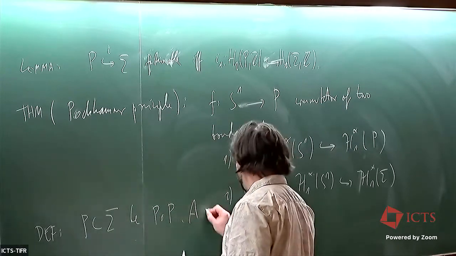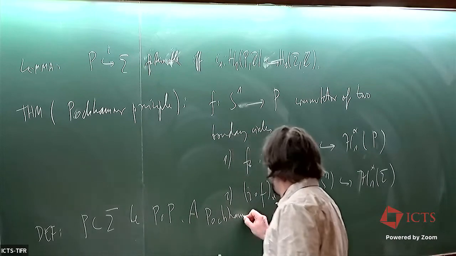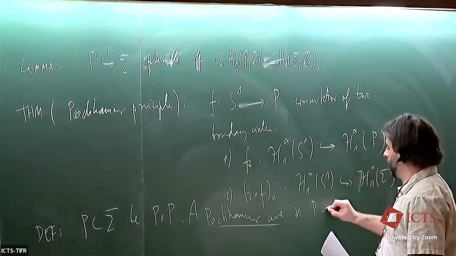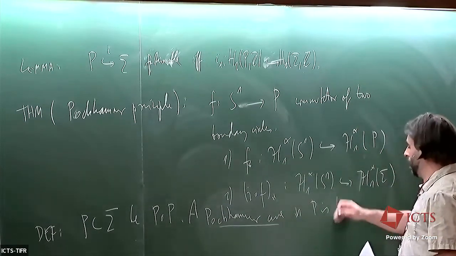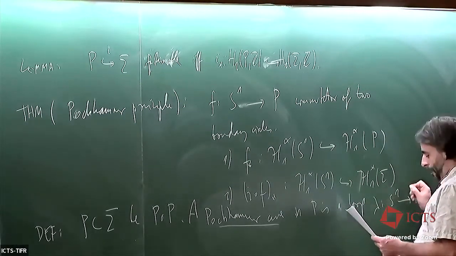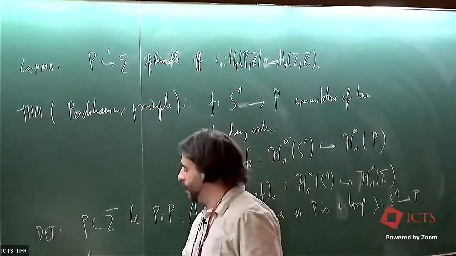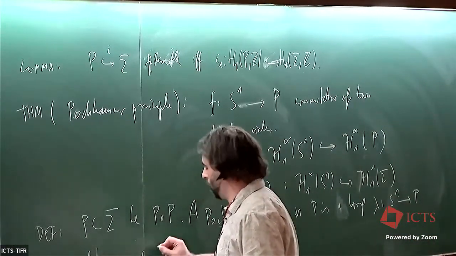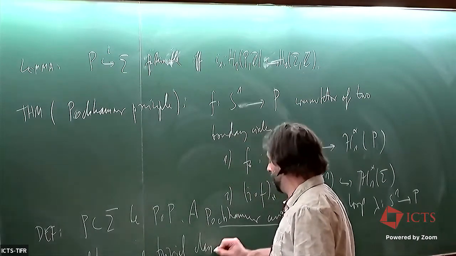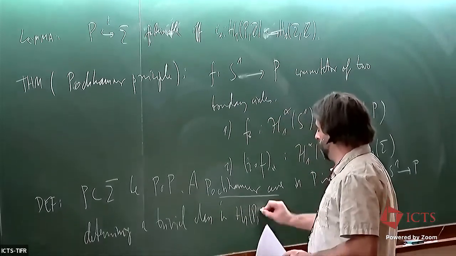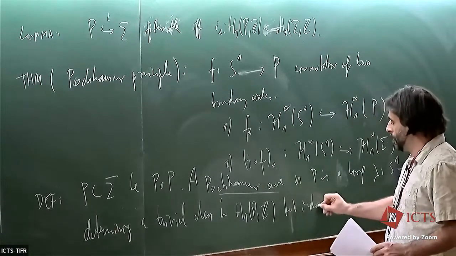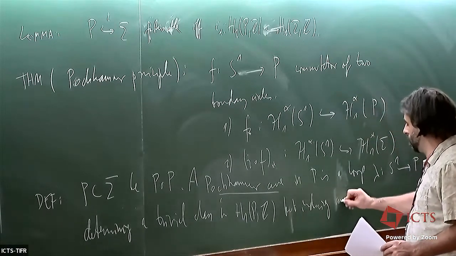Okay, so a Pohama curve in P is just a loop determining a trivial element, so trivial class in homology, but inducing an injection.